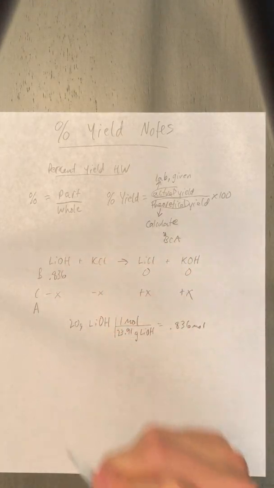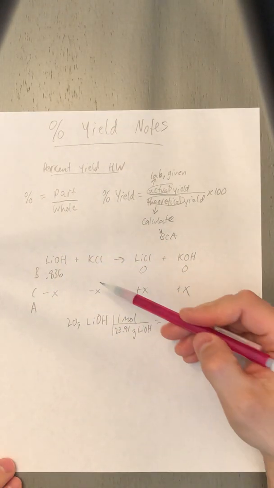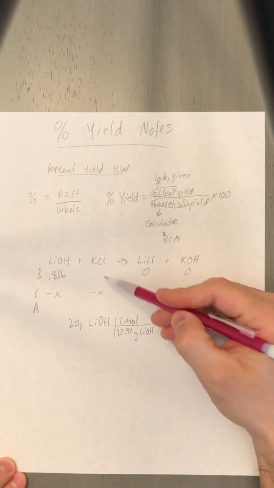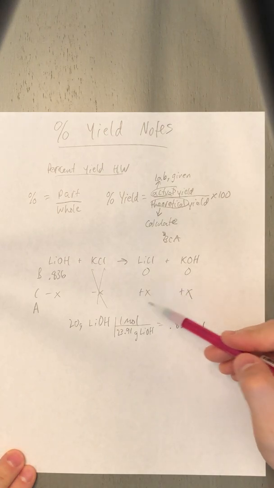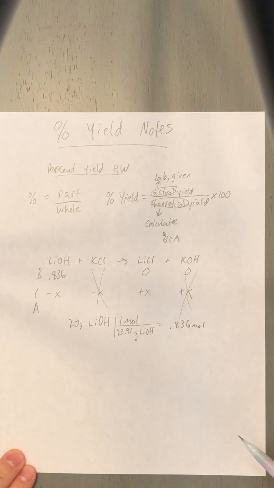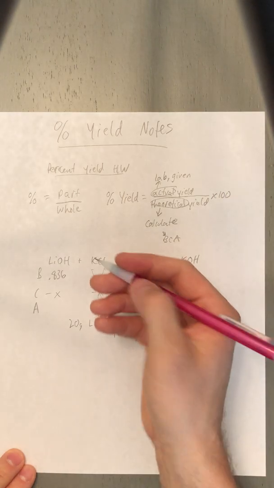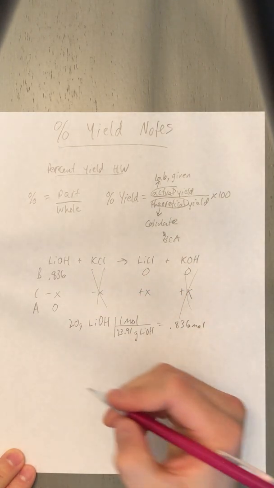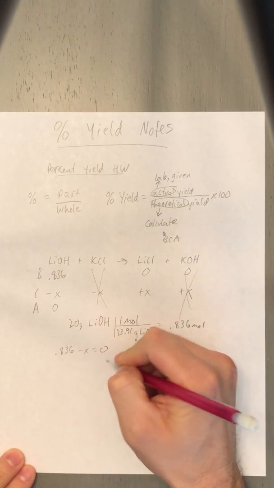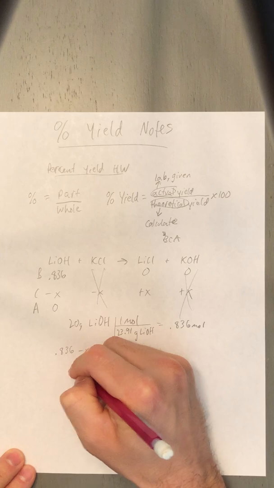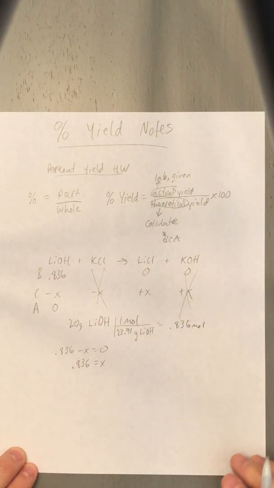Now when we look back, the question says nothing about KCl or potassium chloride, so we don't need to worry about that. The question asks for the theoretical yield of lithium chloride. Lithium chloride is here, so we don't care about this either. Here, this will be the one that goes to 0. 0.836 minus x equals 0, so x equals 0.836.